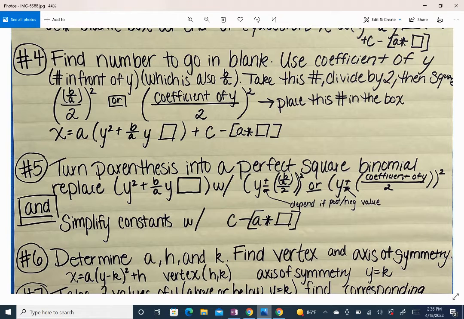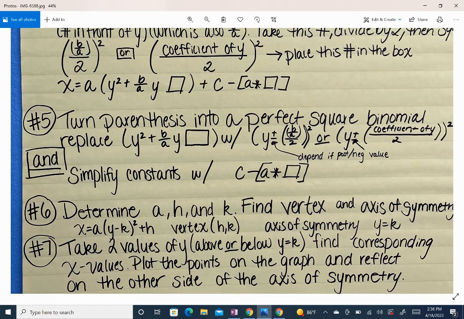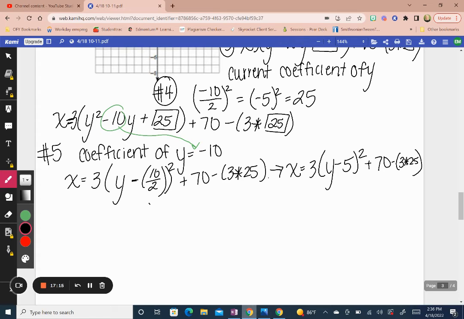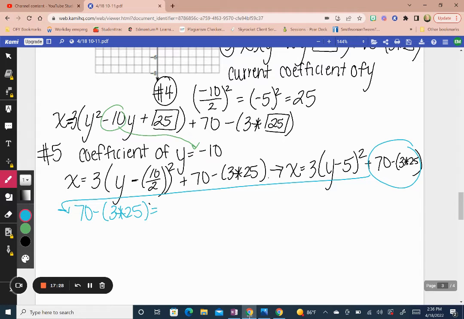Just a reminder that it says "and" right here for step 5, so we're going to simplify the constants. I just have it separate so it doesn't get too overwhelming. So 70 minus 3 times 25 is equal to 70 minus 75, which is equal to negative 5. So I can rewrite the whole thing with the end being negative 5. So x is equal to 3, y minus 5 squared minus 5.